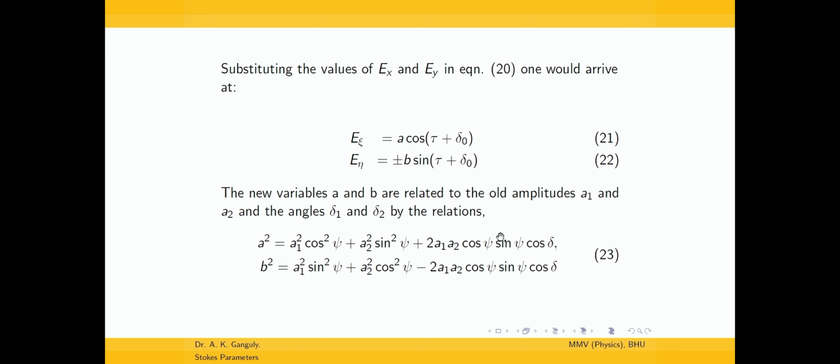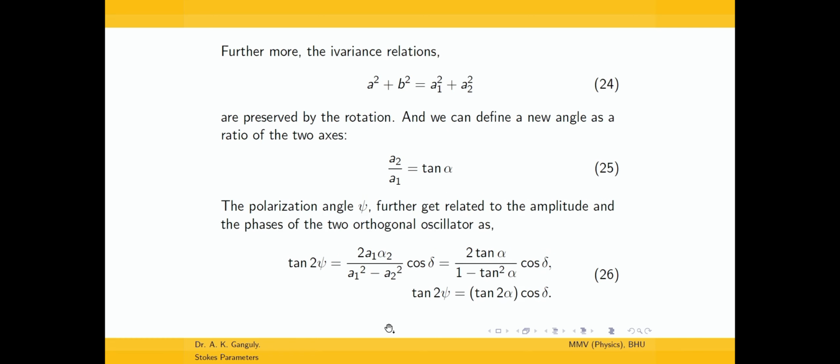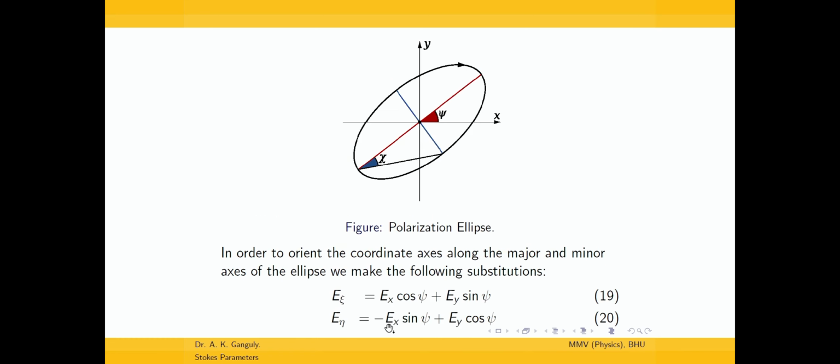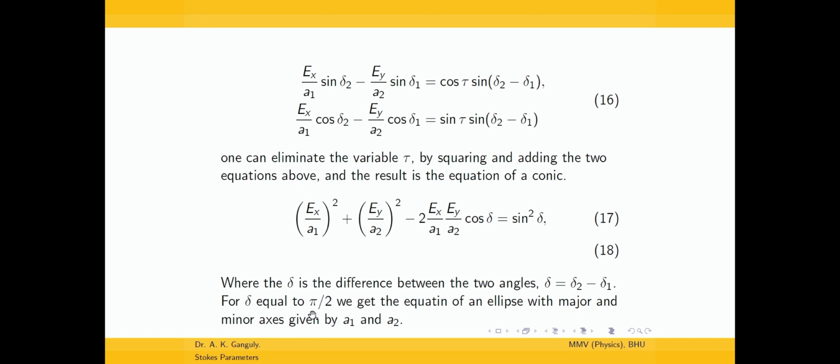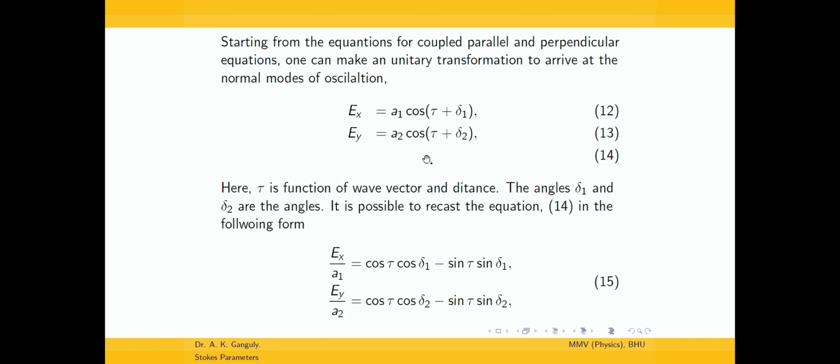And as you can see, they are related to each other by their amplitude of oscillation in an unrotated case, the angle of rotation and the phase that exists between these two perpendicular vibrations that were defined here by delta 1 and delta 2.